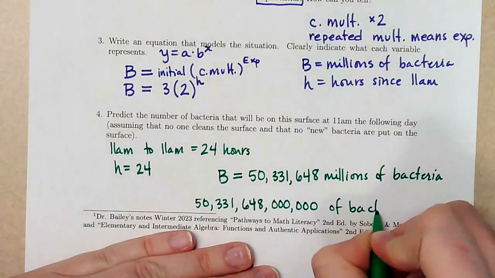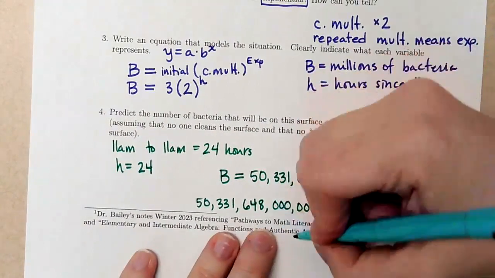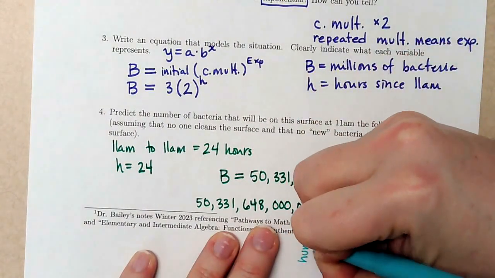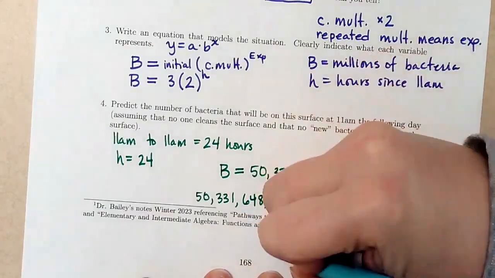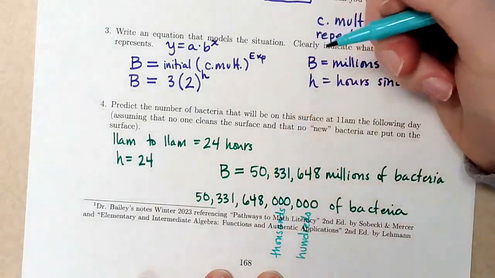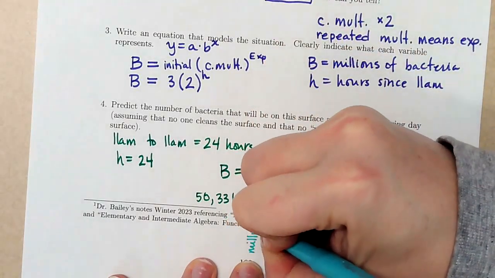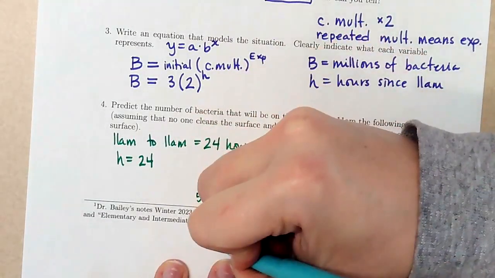So just to bring it back and label this out: this is the hundreds, this is thousands, 10,000s, 100,000s. This is millions. This was billions.